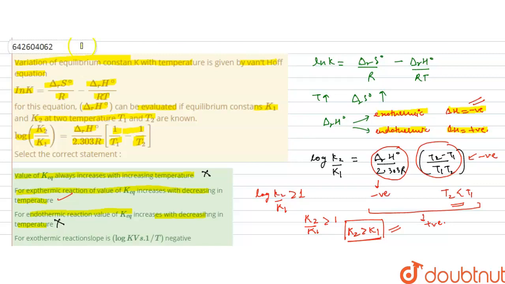And the last statement is: for exothermic reaction, slope of log K versus 1 by T is negative.